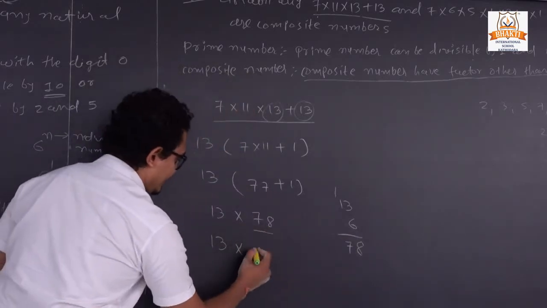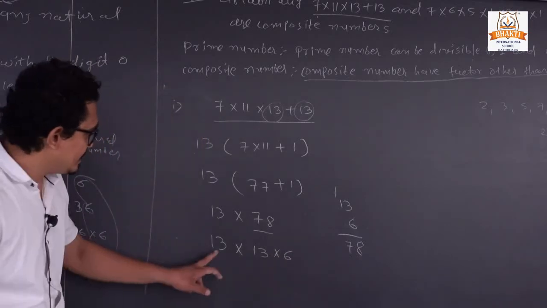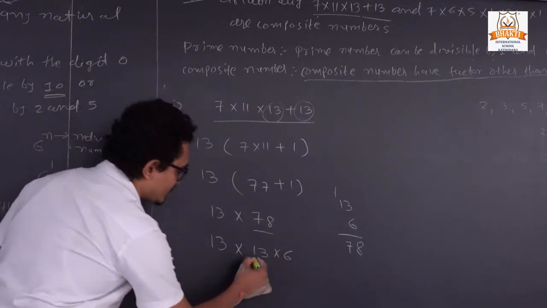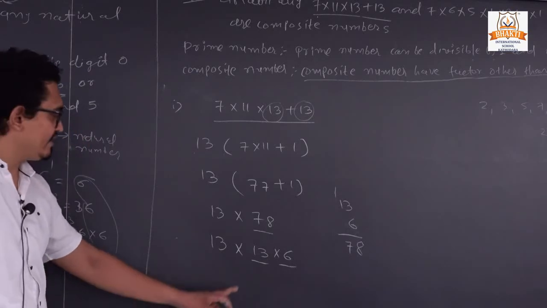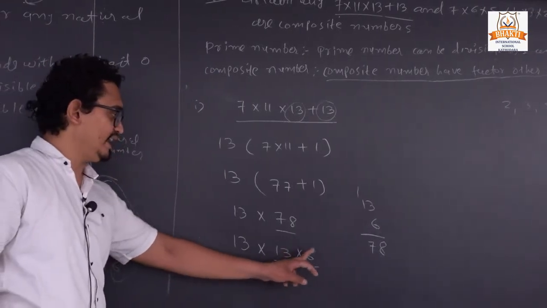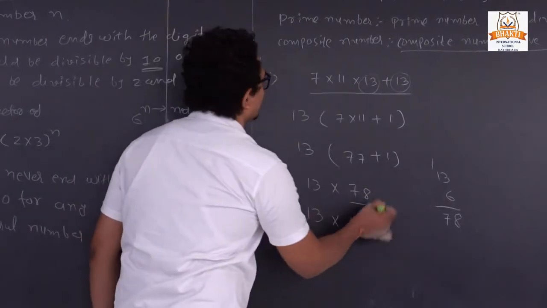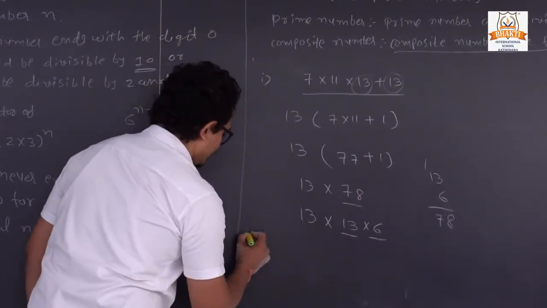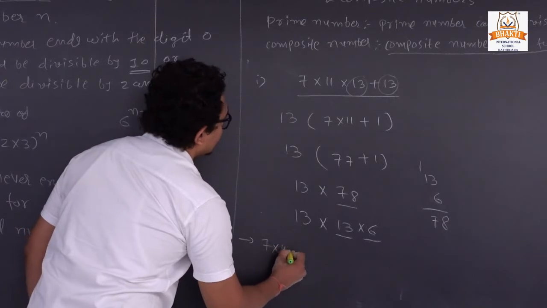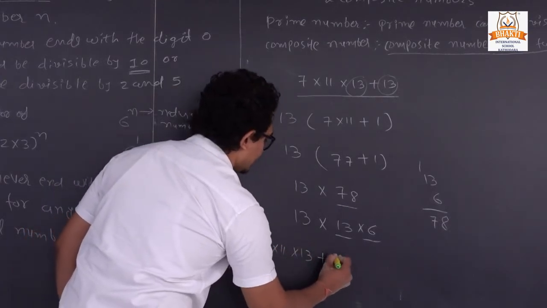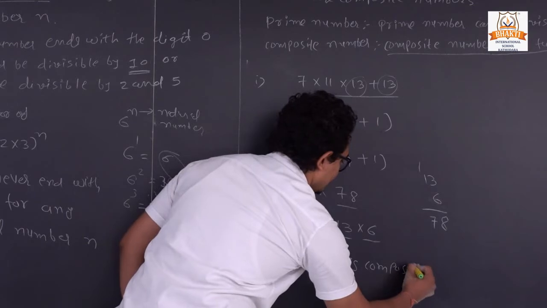So 78 we can write like that, 13 into 6. So here you can see that it has the two factors 13 and 6, clear. So it has more than the number and 1. So it is called which number? Composite number. So here we can write, 7 into 11 into 13 plus 13 is a composite number.